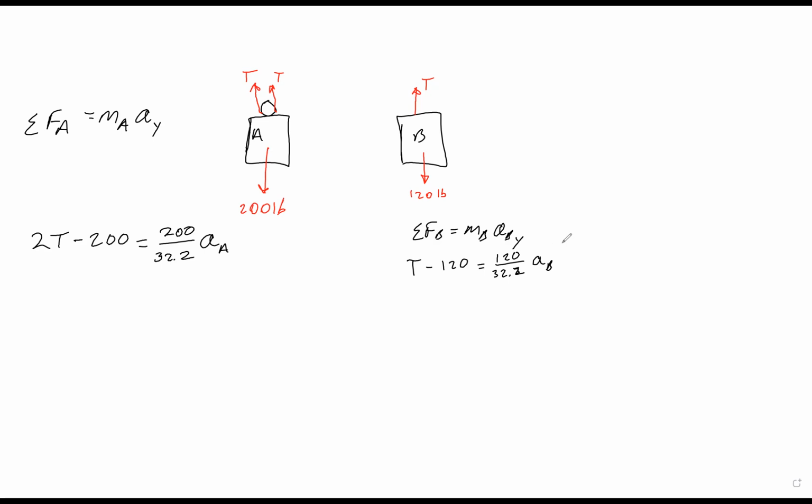We've already done our free body diagrams, and the block is only moving vertically, so we can't do a sum of the forces in the X or anything like that. So what we have to do is analyze the lengths, the dimensions of the rope.